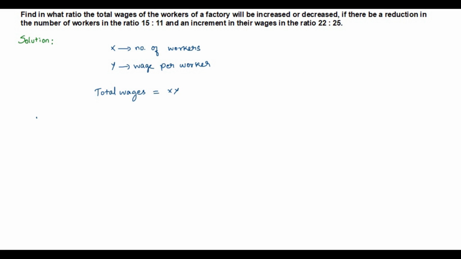Now I am going to apply the two changes. So after changes, we have to find the number of workers, and also we have to find the wage per worker.